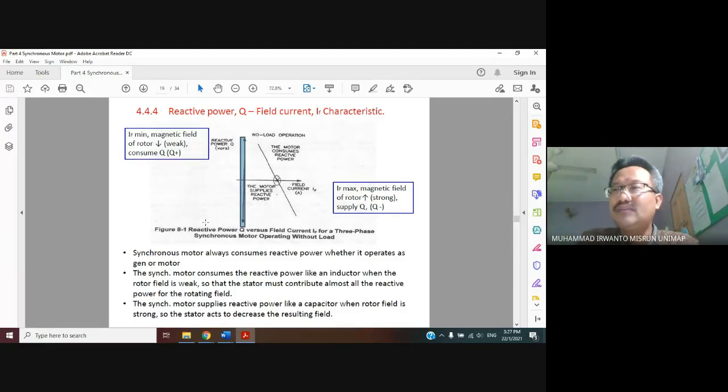So this is the condition where the synchronous motor supplies or consumes reactive power.